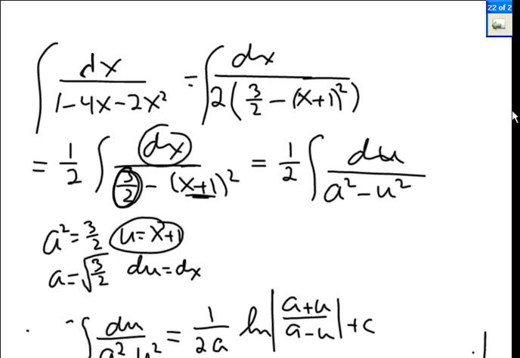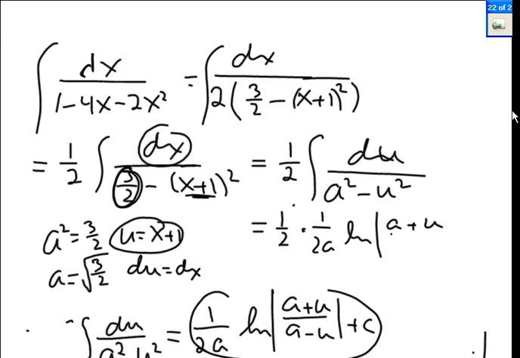I'm getting these formulas right from the section entitled Hyperbolic Functions. So actually that's what I get. I get the half times 1 over 2a ln of a plus u over a minus u plus c. Now all I have to do is plug in a and u.